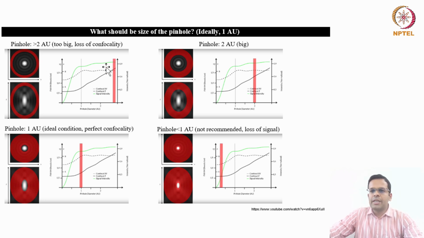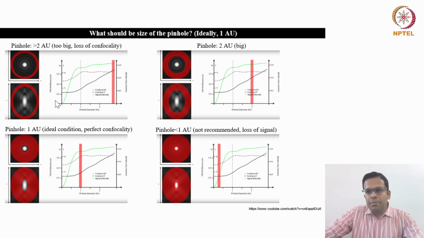As I mentioned, the y axis represents the resolution, so higher numbers represent poor resolution and lower numbers represent better resolution. So what happens when you keep the pinhole completely open at this position? You collect the maximum fluorescence intensity of the sample, but you compromise on the X, Y, and Z resolution.